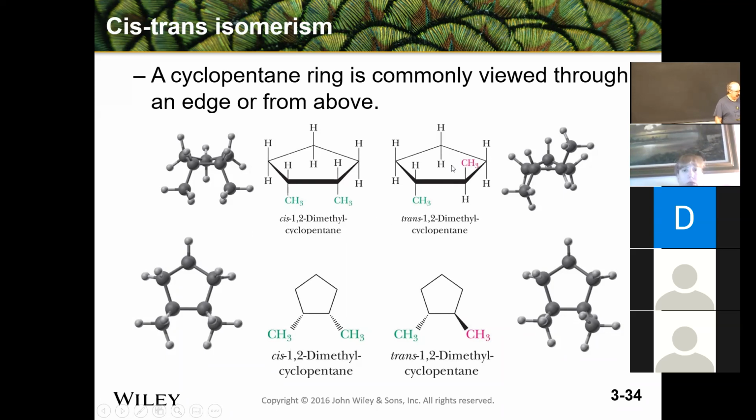Not all disubstituted cycloalkanes will exhibit cis-trans isomerism. This is another way to represent cis and trans. We can have both methyls going back, or we can have one back and one forward for the trans.